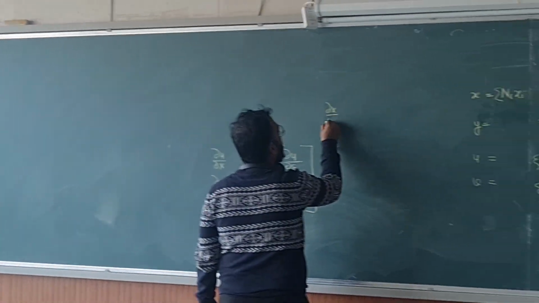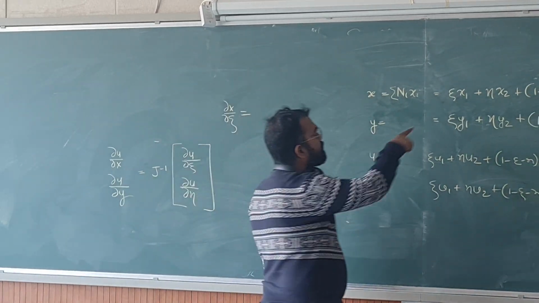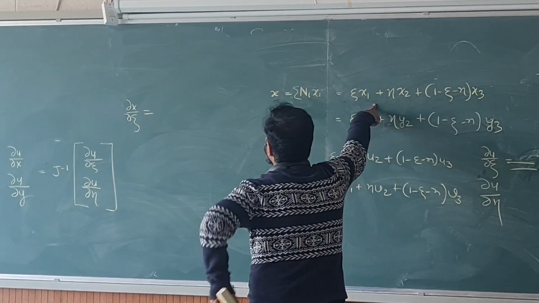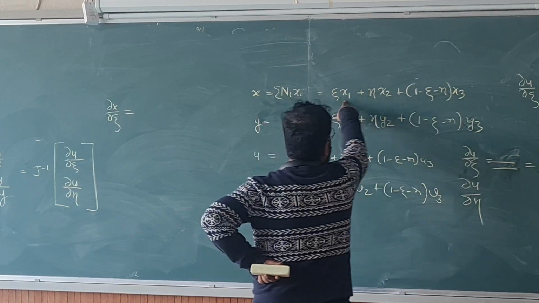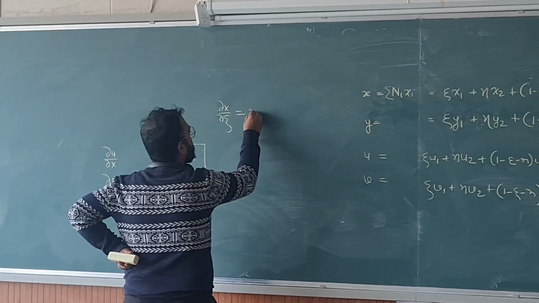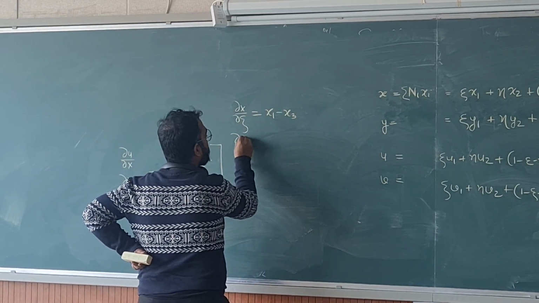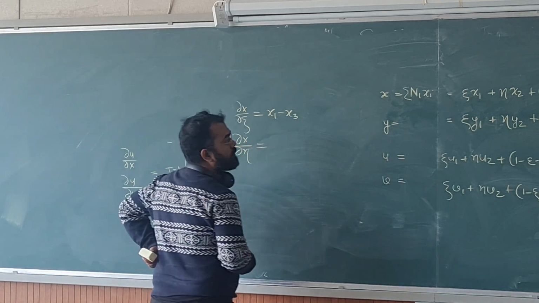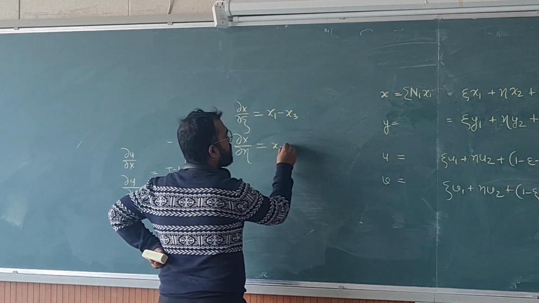Del x by del epsilon is equal to, so I have to do the differentiation of this with respect to epsilon. So this will be x1 minus x3, right? Then I need del x by del eta also. So del x by del eta will be x2 minus x3.